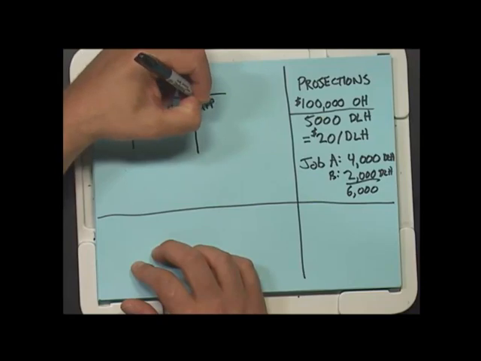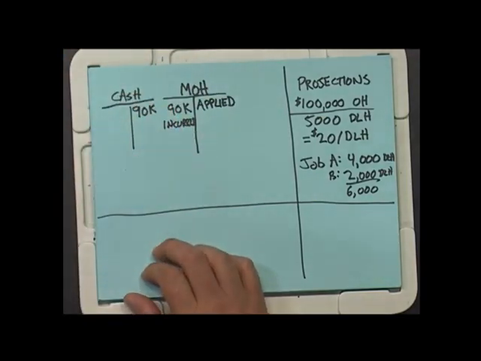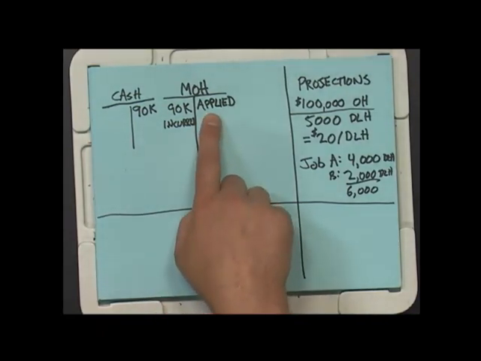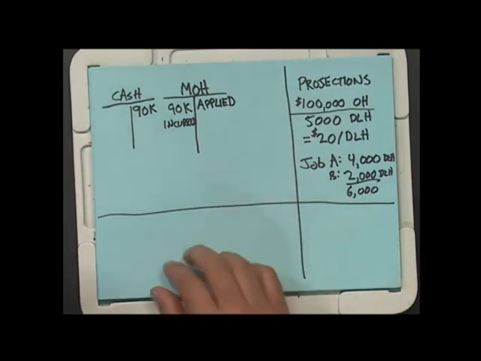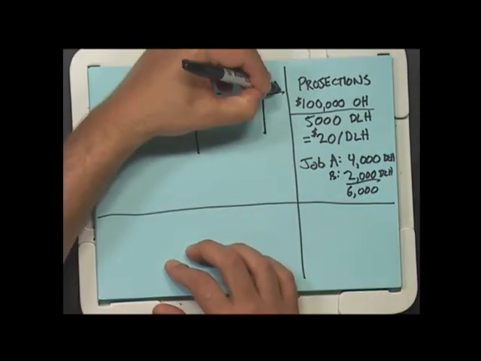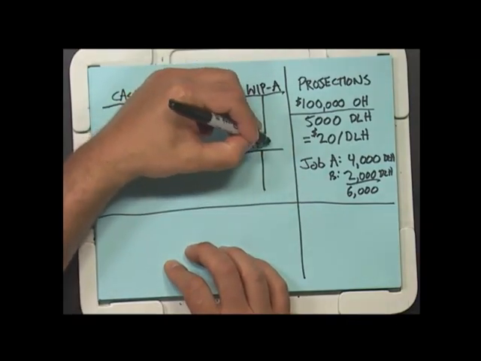Actually, let me write that up here, because we're going to have to use a fair bit of space to do the calculation. Now, how of these dollars, right, we've got to take dollars out of manufacturing overhead and get them into our two key cost objects.